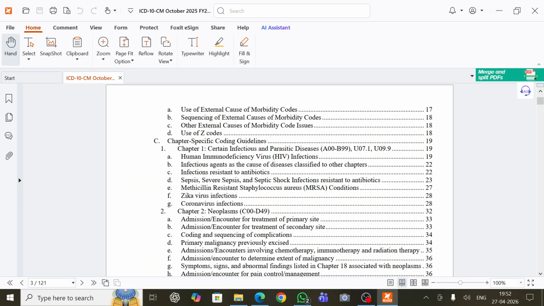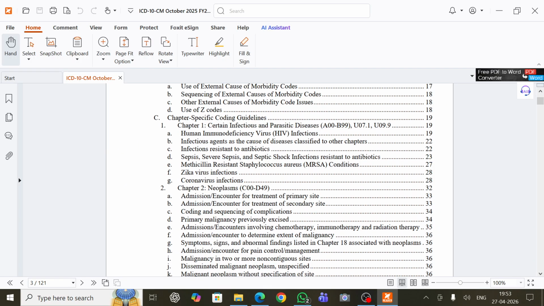The third part in the first section is the chapter-specific coding guidelines. Basically, the chapter-specific coding guidelines are divided by body system, and the codes are in ascending alphabetical order. The first chapter starts from the letter A, and the last chapter ends with the letter Z. It's ascending order only.